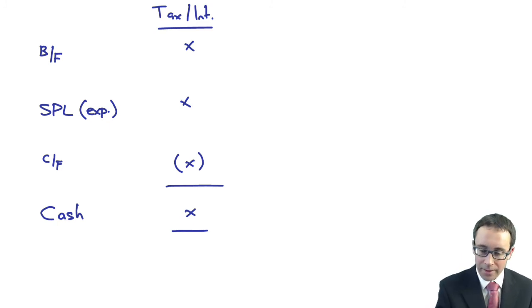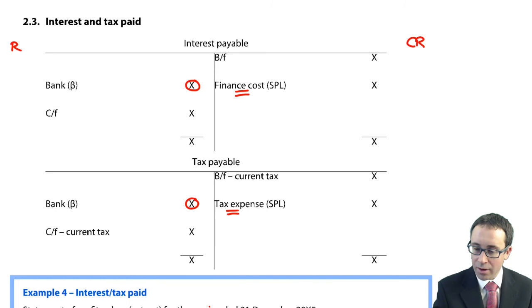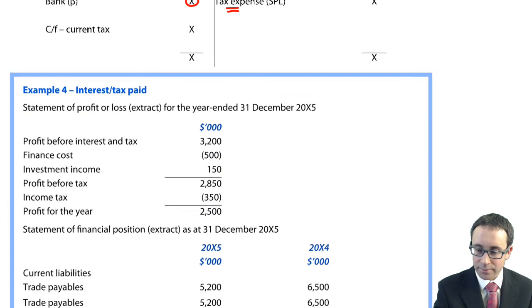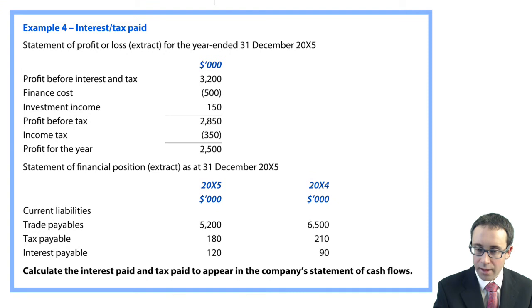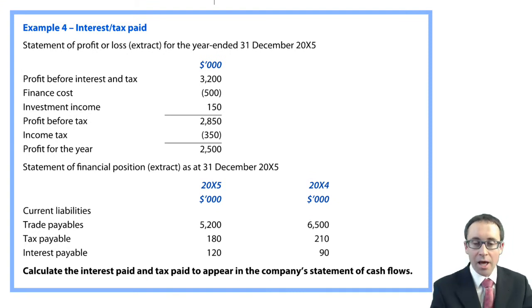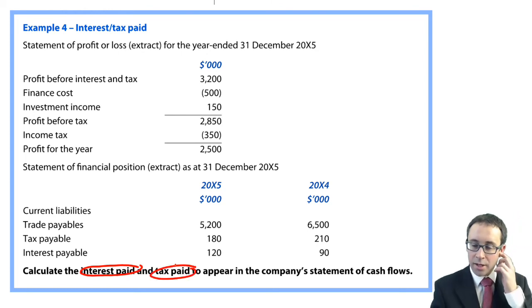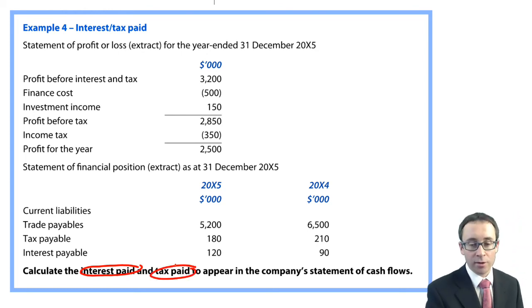Okay, so let's have a look at the little example, see how we get along. There we go, perfect. Fits on the screen quite nicely, doesn't it? So what have we got there? It says calculate interest paid and tax paid to appear within the company statement of cash flows.